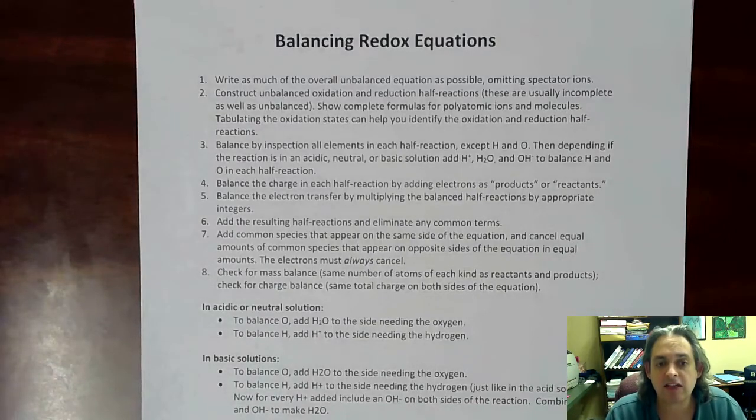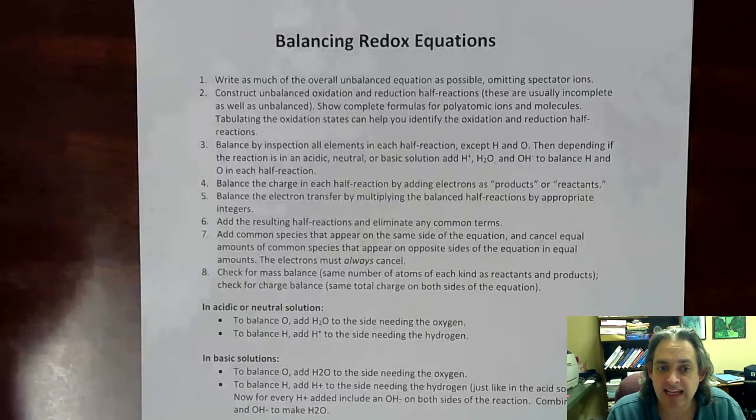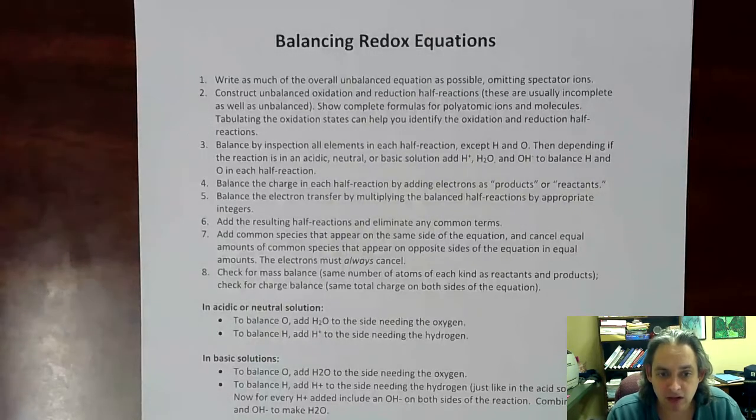Step 6 is you're going to add the half reactions together, and when you do that, you're going to eliminate any common terms. You're going to add the common species that appear on the same side of the equation, and then cancel equal amounts of the common species that appear on opposite sides of the equation. The electrons must always cancel whenever you're combining the half reactions.